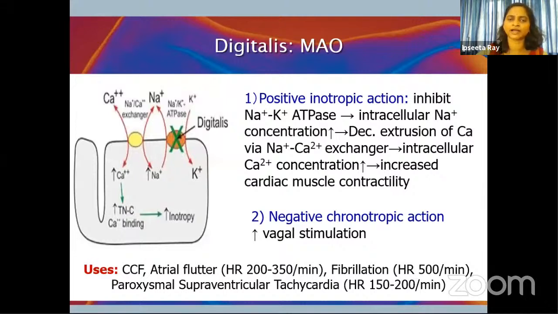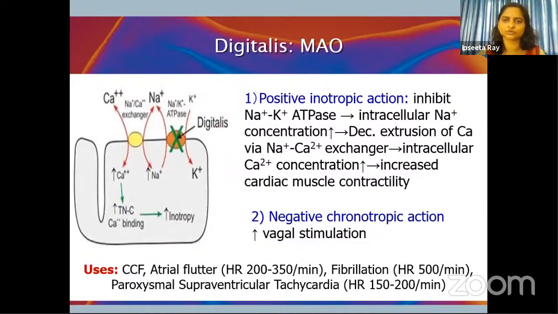Now coming to the mechanism of action of these cardiac glycosides, these drugs basically inhibit the sodium potassium ATPase, which is present in the cardiac cells. Once the sodium potassium ATPase is inhibited, there will be intracellular accumulation of sodium.